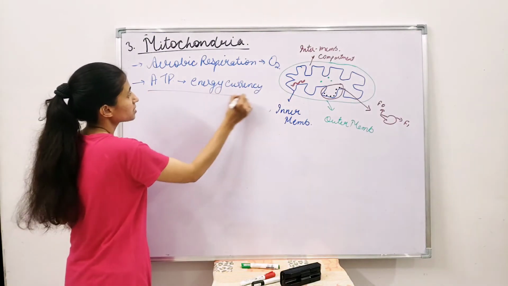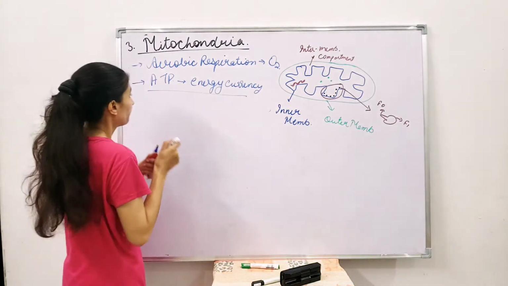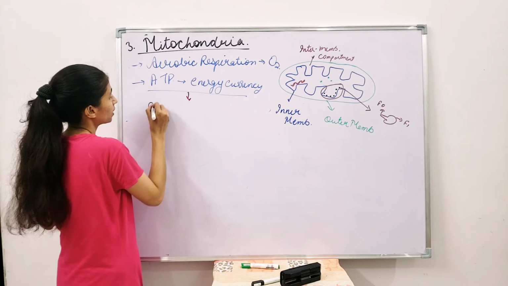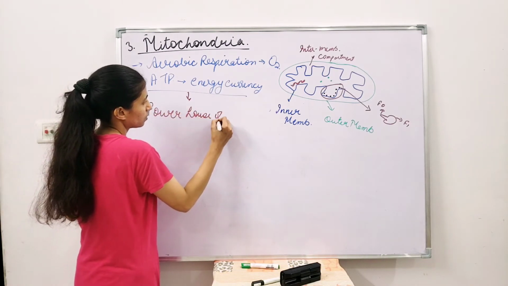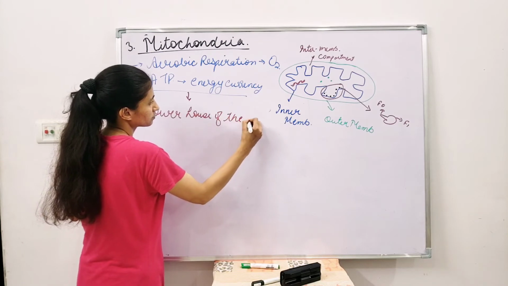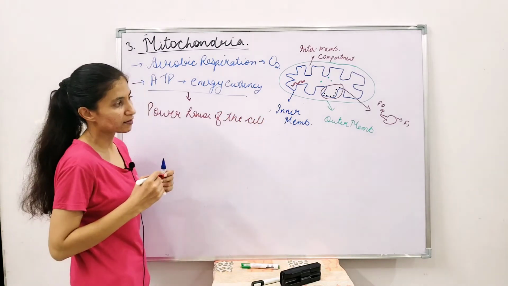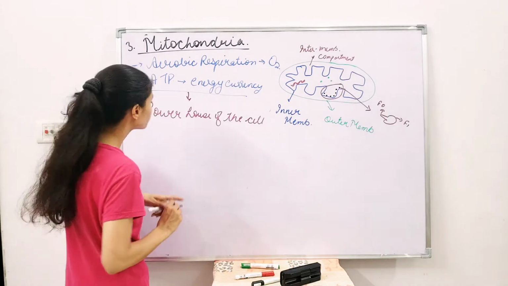Because of this reason, mitochondria is called the powerhouse of the cell. It is called the powerhouse of the cell because of this reason only.